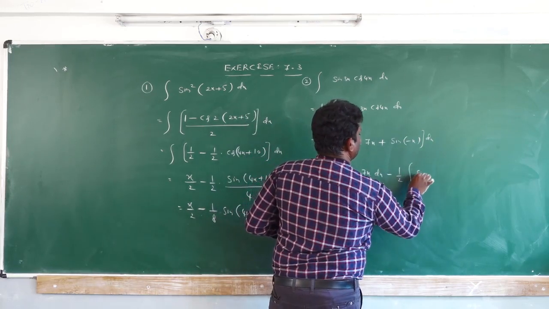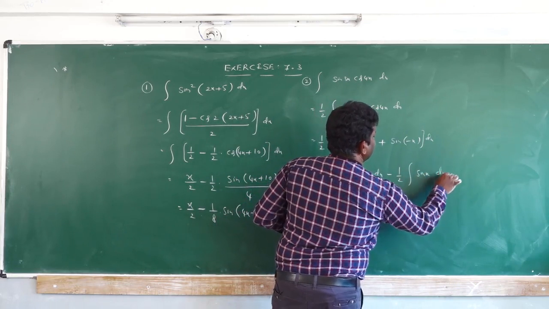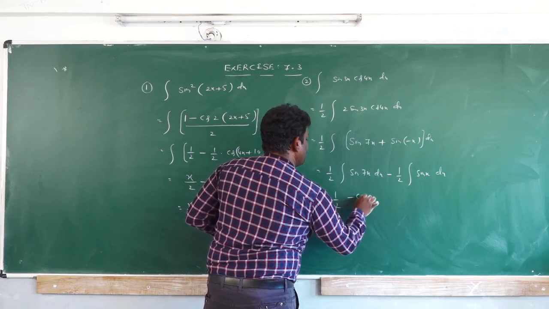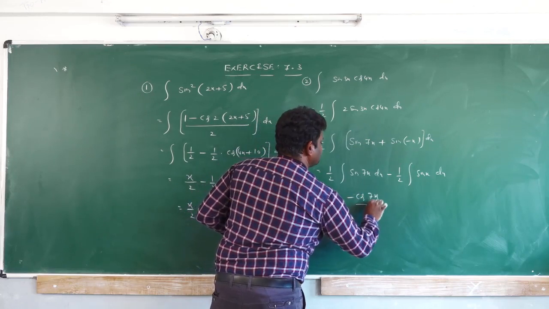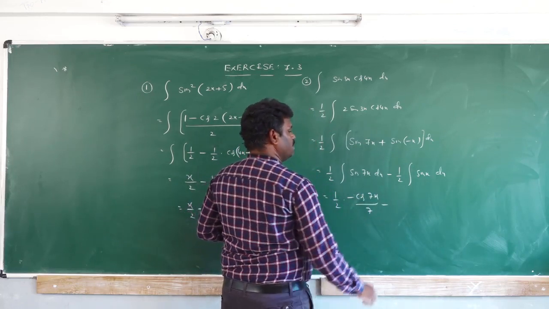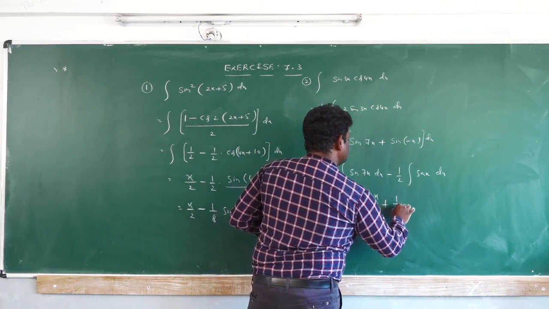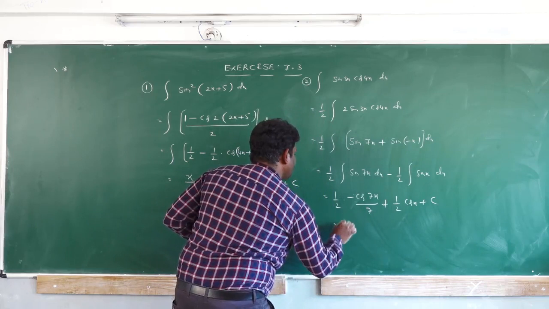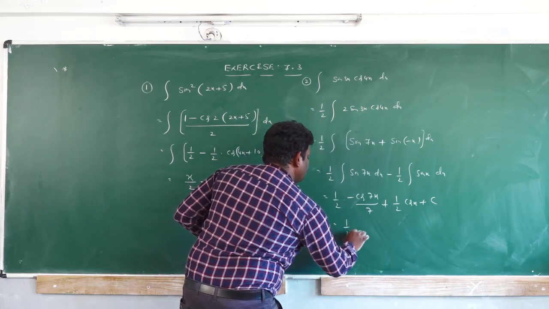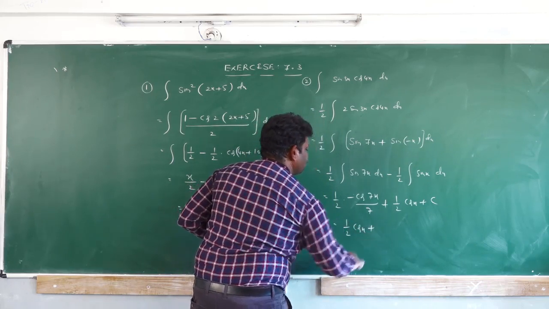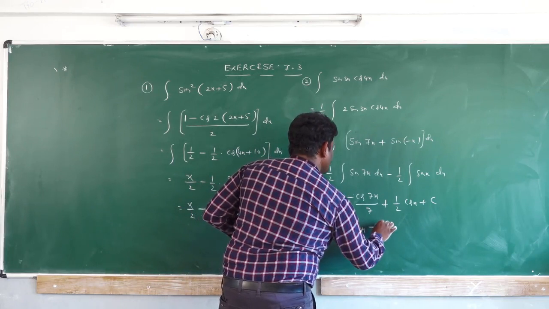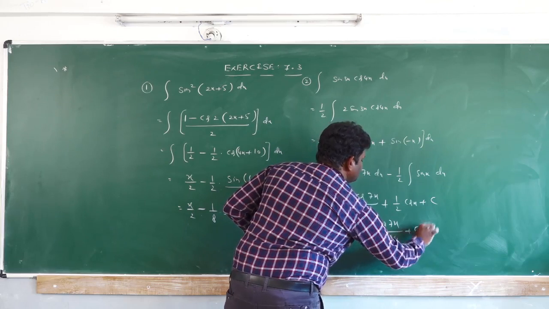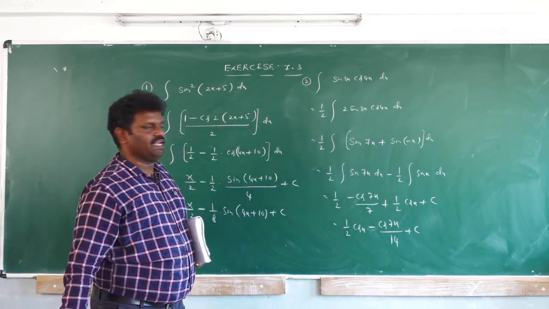That is equal to 1 by 2 into minus cos 7x by 7 plus cos x, plus c. Finally, 1 by 2 cos x minus cos 7x by 14, plus c. Two 7s are 14. Okay?